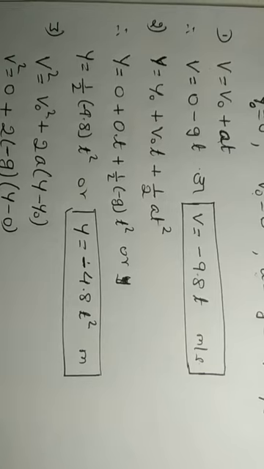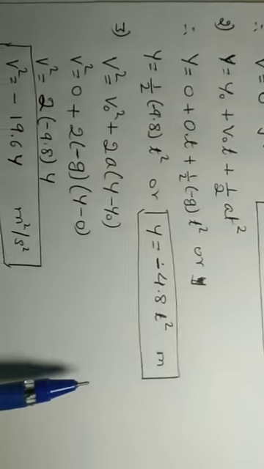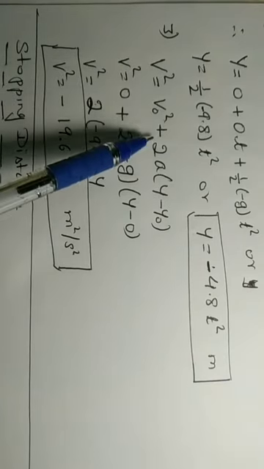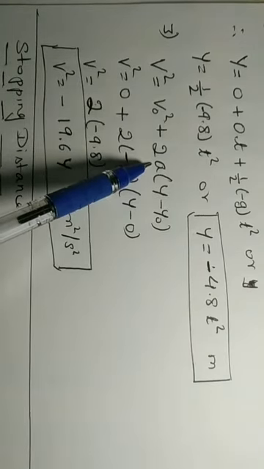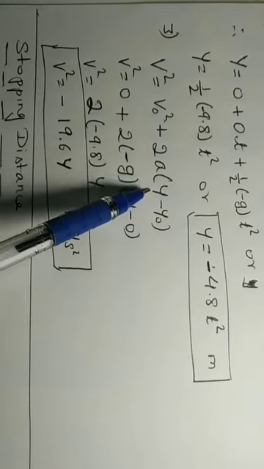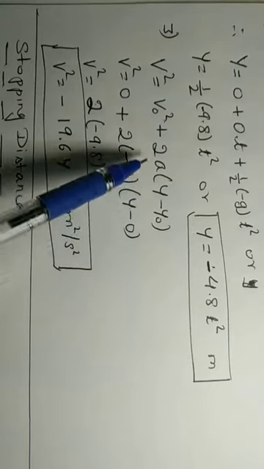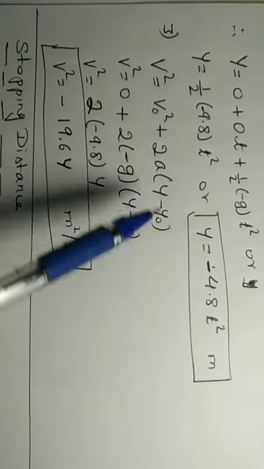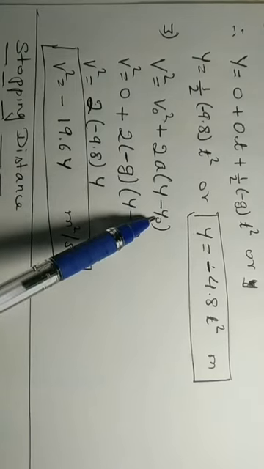Similarly we have the third equation, v square equal to v naught square plus 2a, in terms of x it is x minus x naught, or in terms of y you can write y minus y naught. This is the final position, this is the initial position.